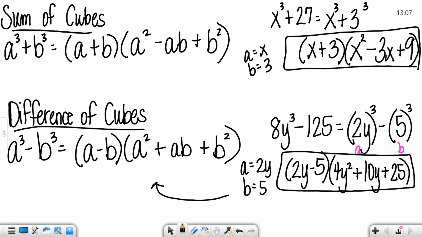So this little idea of deciding what are a and b is going to be super helpful, because then you can just plug them in where they belong. All right, so that is it for section 4. Section 5, we'll put it all together.